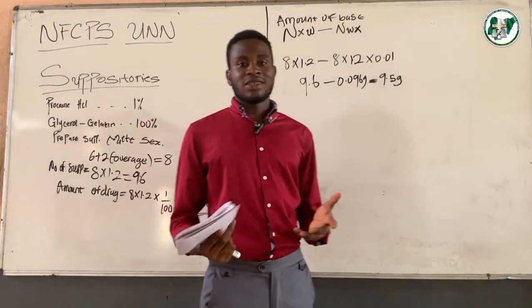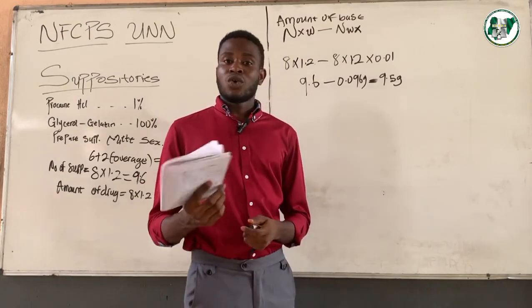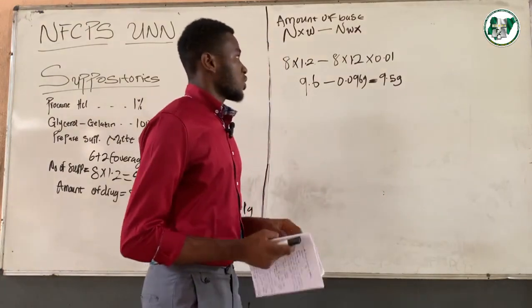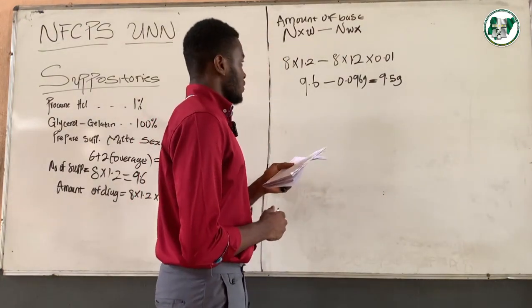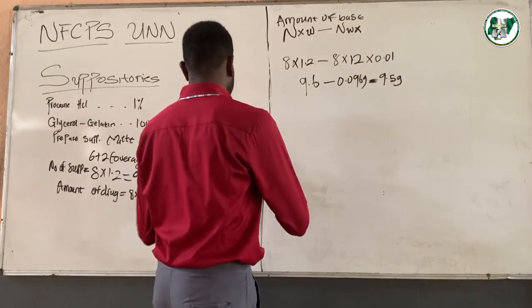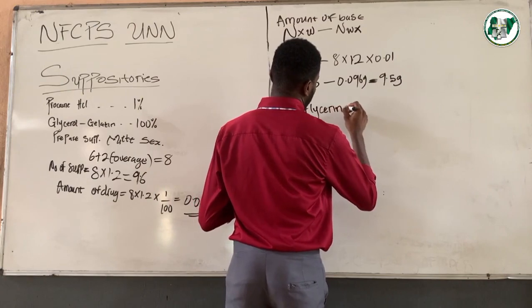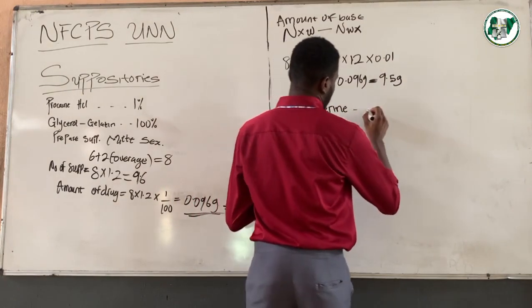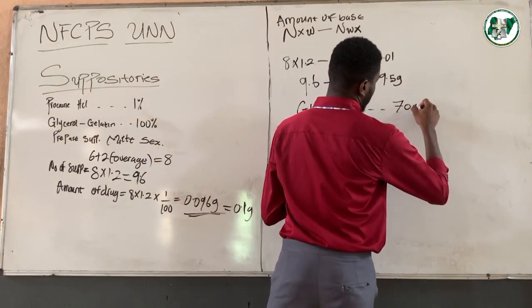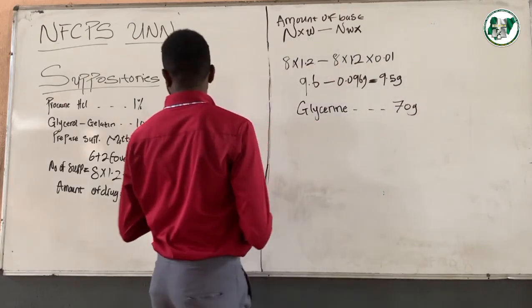Or how can you prepare this in the lab when you don't have the formula? That's why your codex is very important. So when you go to your codex, you're going to find the formula of glycerin gelatin here as 70 grams. Now, this is the standard formula of glycerin gelatin.